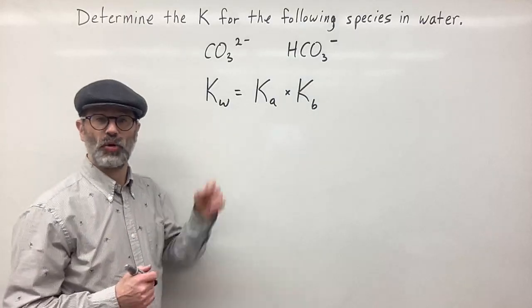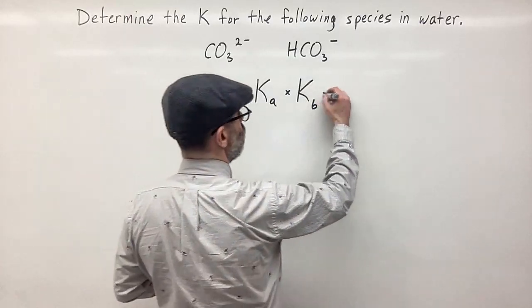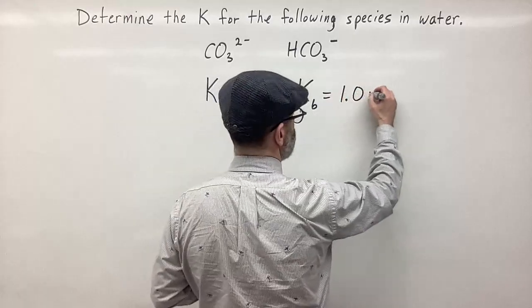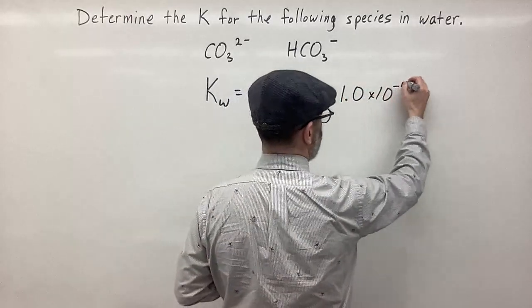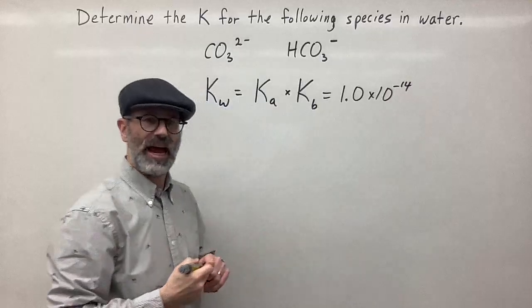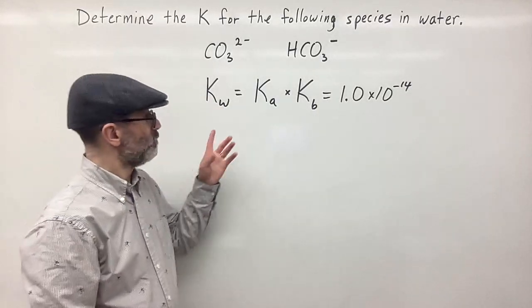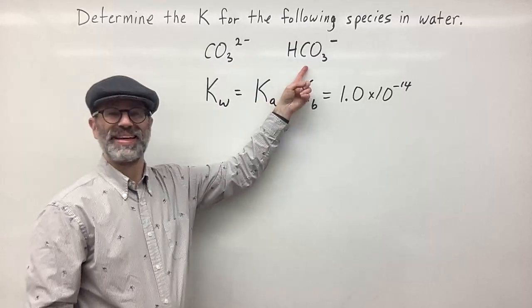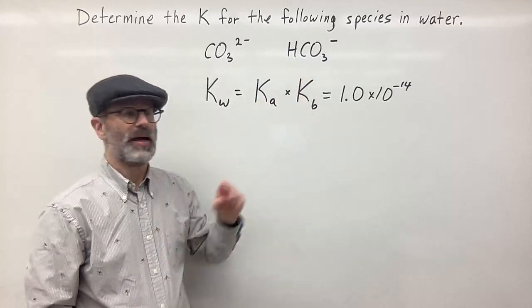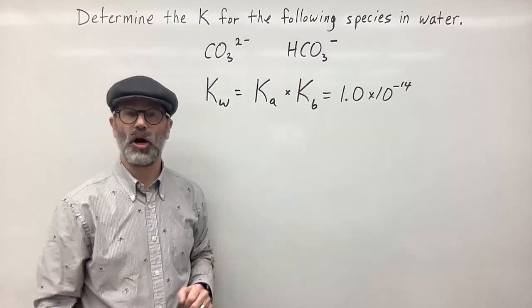Okay, so Kw, we should all know, is equal to 1.0 times 10 to the negative 14 at a temperature of 25 degrees Celsius. And we can look up the Ka value for HCO3, the hydrogen carbonate ion.